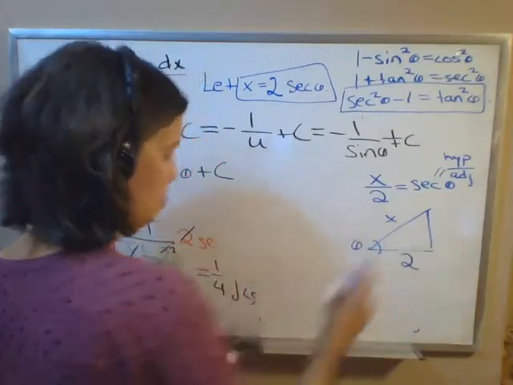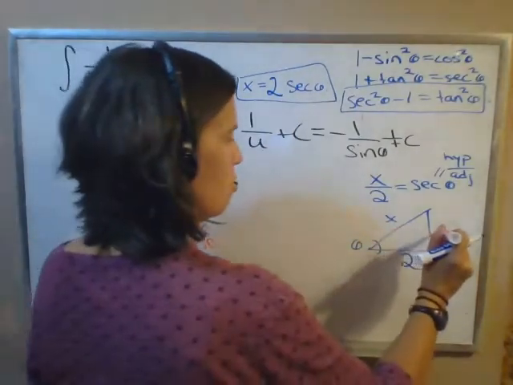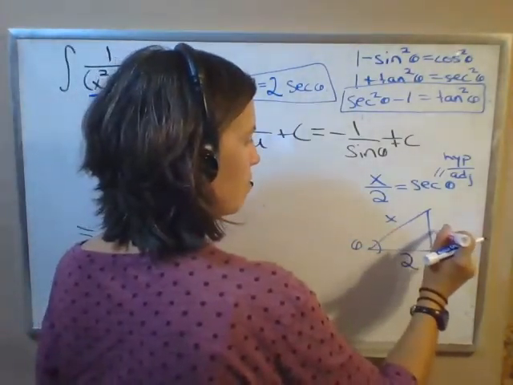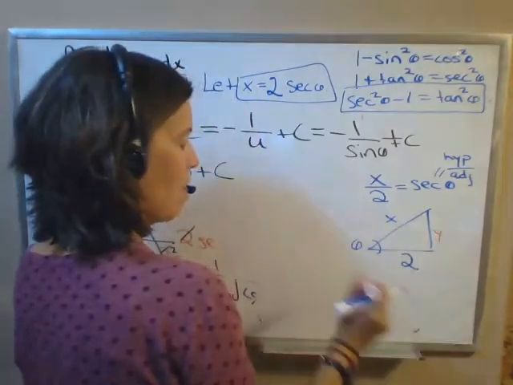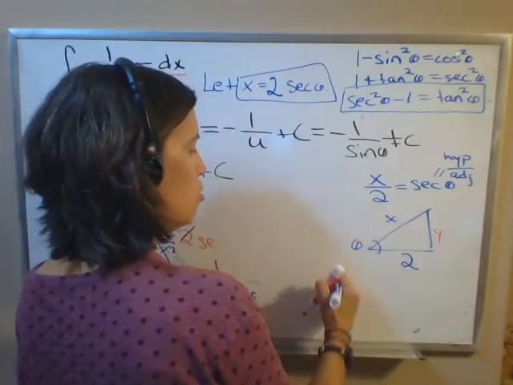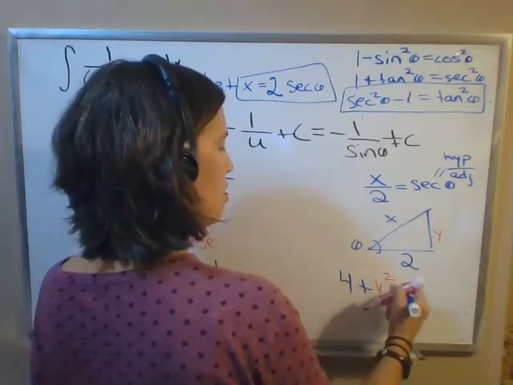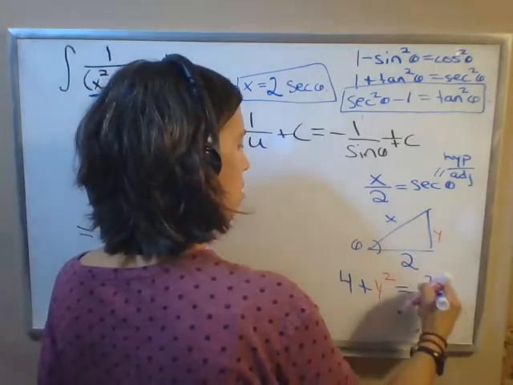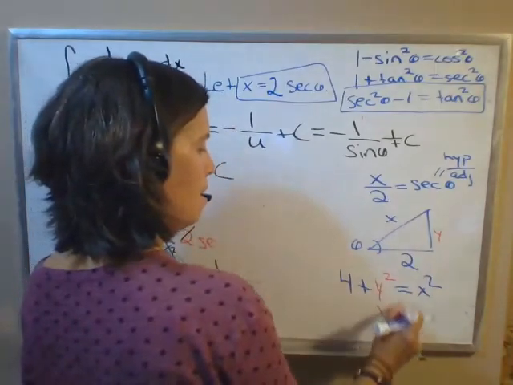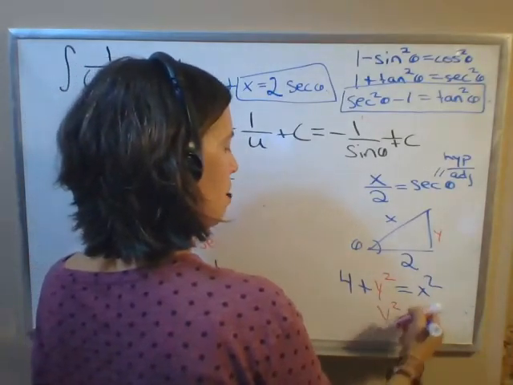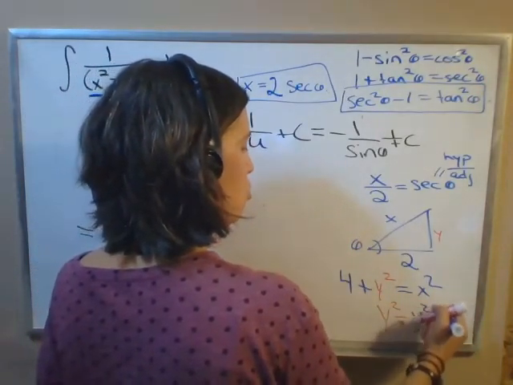Use the Pythagorean theorem to find the third side. I'll call it y. Then the square of the two legs, so 2 squared plus y squared is equal to the square of the hypotenuse, x squared. And we want to solve for y. So y squared equals x squared minus 4.